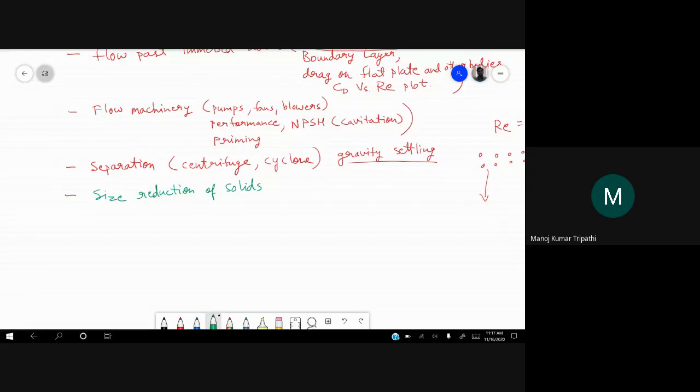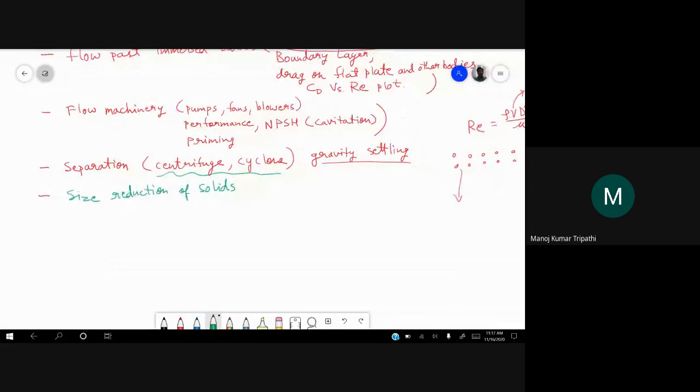So first you need to reduce the size of whatever you get from the mines, and then reduce the size further from coarse to medium to fine, and then you use any of these processes of separation to separate out the required material, metal, coal, or whatever is important in that mining.